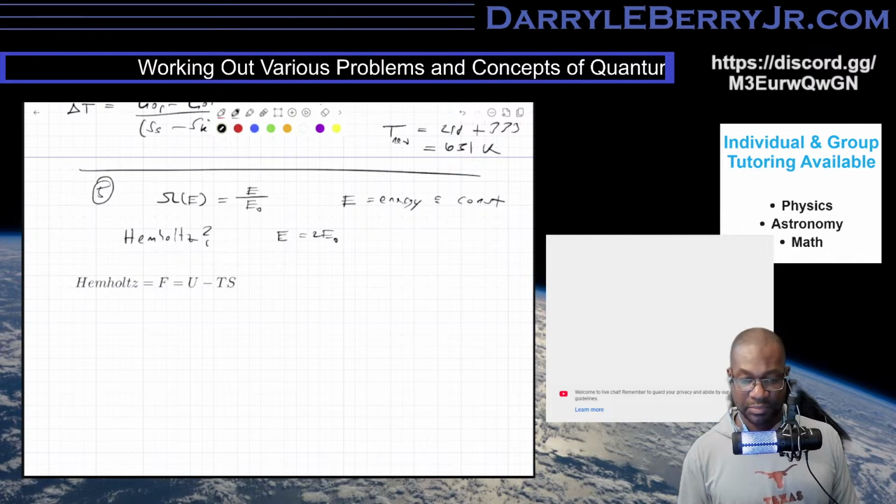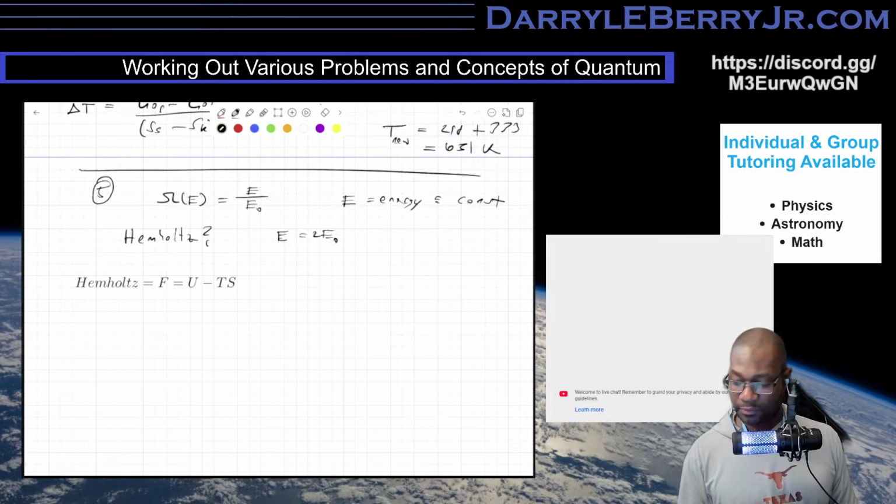And also it says the system is in thermal equilibrium with the reservoir.